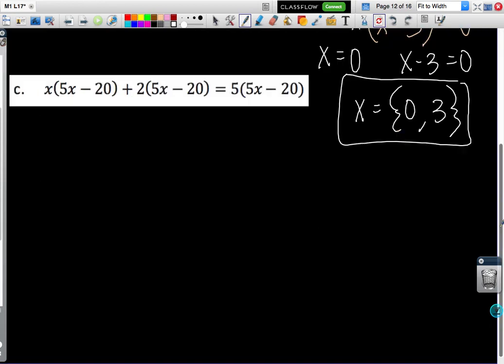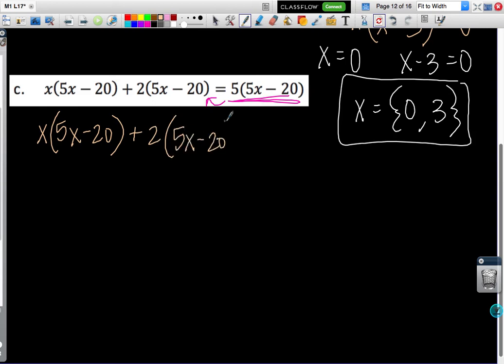Part C. In order to solve this, it has to equal 0. So the first thing we need to do is to move this over. So we've got x(5x - 20) + 2(5x - 20) minus, as we're subtracting, we're moving it over, equals 0.